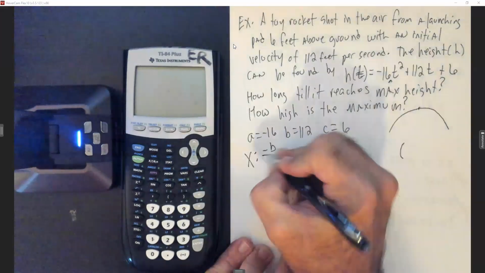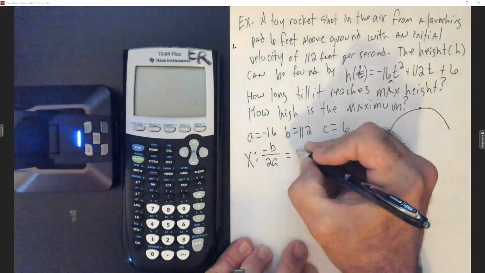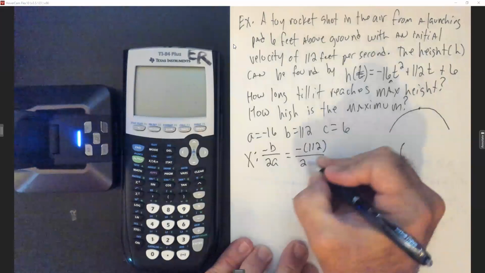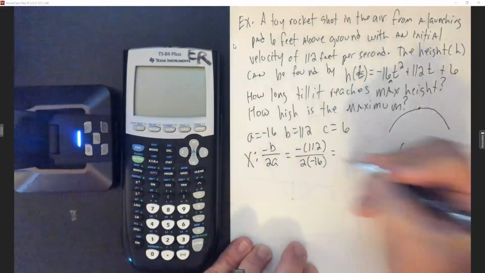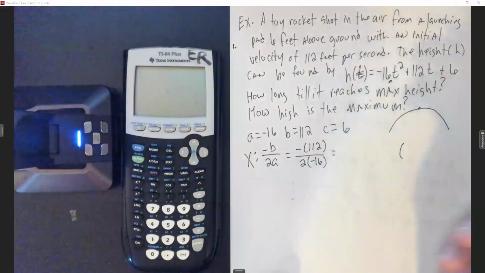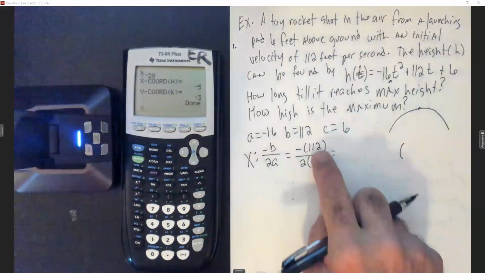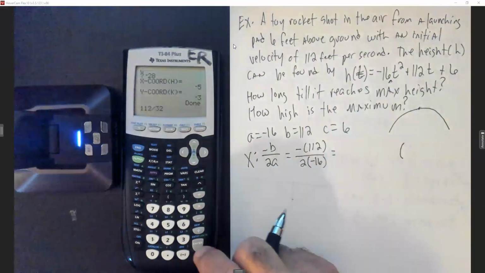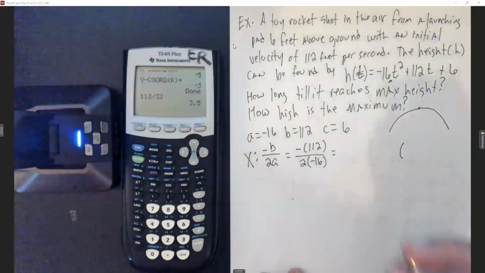That'll be negative 112 over 2 times negative 16. We see the negatives are all going to cancel. So I need to figure out what 112 divided by 32 will give me. That's going to give me 3.5.